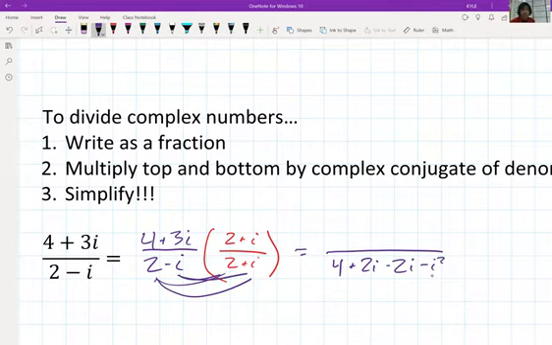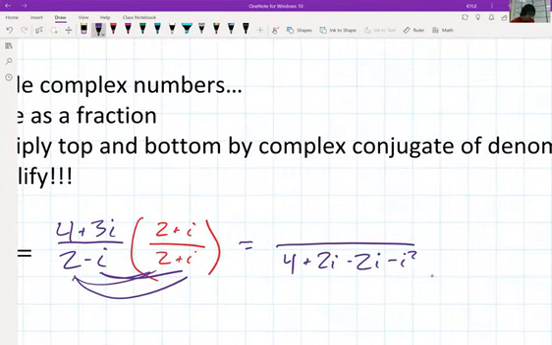So we will have to FOIL and simplify the top. I don't want you to think we don't, but I want to keep going on this denominator just for a second. Plus 2i minus 2i, those are gone. And I'm hoping you can see, and maybe pause the video and reason out, why that will always happen when we multiply by the complex conjugate. We'll get plus 2i minus 2i or plus 7i minus 7i, and they'll always cancel out.